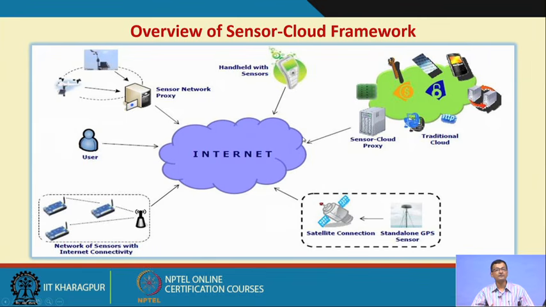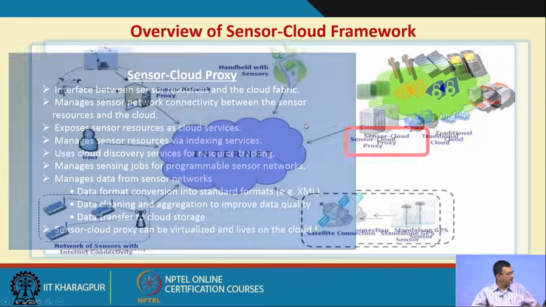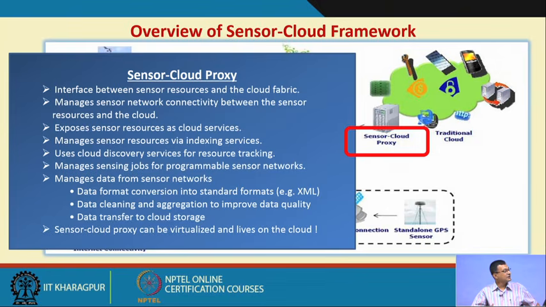Different sorts of things are being connected over the internet. The sensor cloud proxy primarily interfaces between the sensor resources and the cloud fabric, and manages resource network connectivity between the sensor and resources. It proxies on behalf of your sensor resources, which can be heterogeneous or homogeneous.